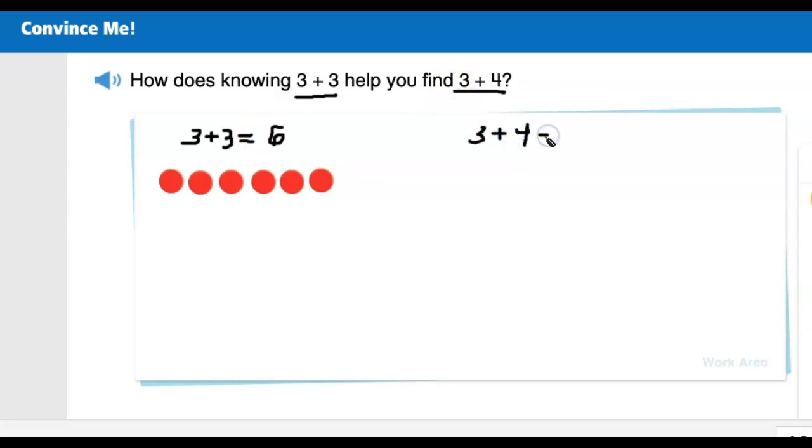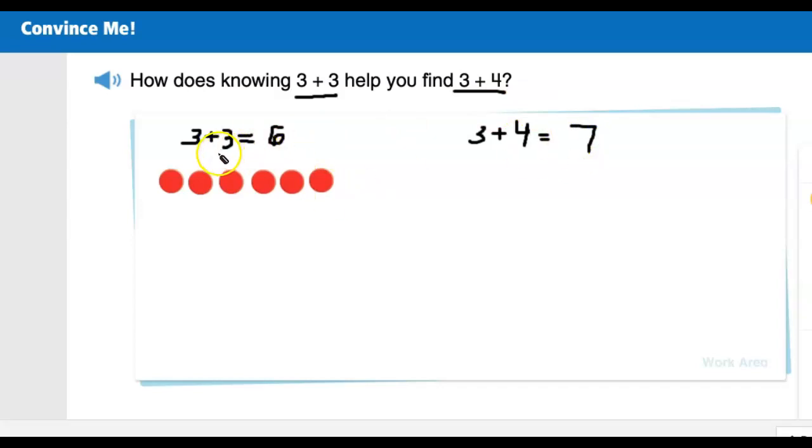well, if 3 plus 3 is 6, 3 plus 4, the number 4 is only 1 more than the number 3, then I know that 3 plus 4 is just going to be one number higher than 3 plus 3, which is 6. So what is one number higher than 6? What number comes after 6? 7.